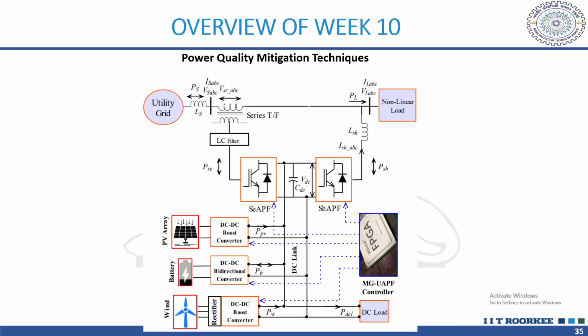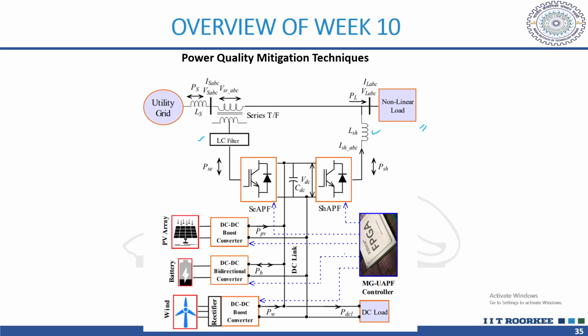So this was the setup that was studied. Basically, we have a nonlinear load here, and here we have a series active filter which is connected through this LC filter and the series transformer, and the shunt filter is connected through this shunt inductor.